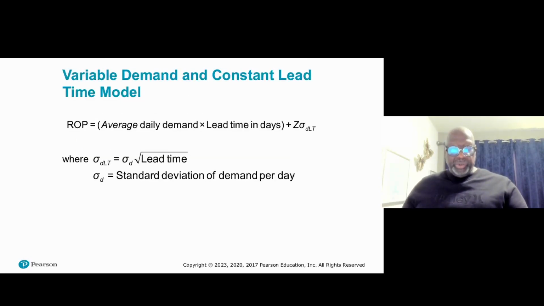Now we're going to look at another example of the same thing that we're talking about, the safety stock, where in this case the standard deviation of the demand, which means the demand is variable, but the lead time is not variable, it's constant. So they're just giving us this scenario. This is a case where demand is variable and lead time is constant.